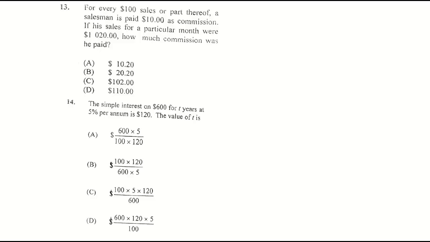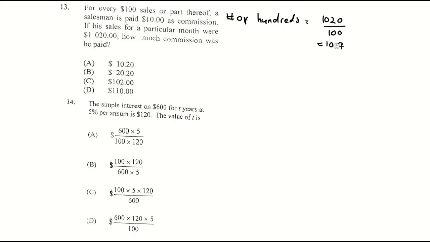So we know that, how many hundreds can we get in 1,020? The number of hundreds in this is equal to 1,020 divided by 100.